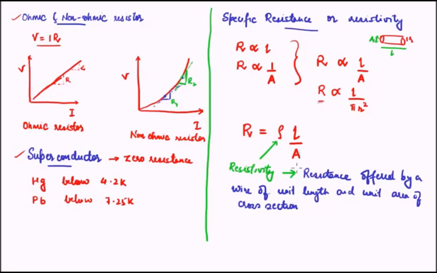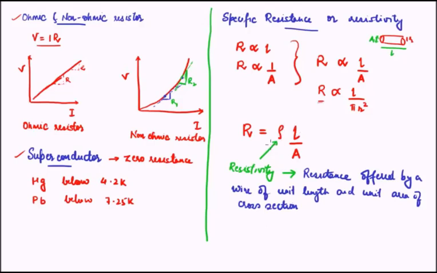Fine. Next, let's see what this means. This means that if we were to increase the length by twice, then resistance would increase by 2. Since rho is a material property, it is independent of the dimensions, right?